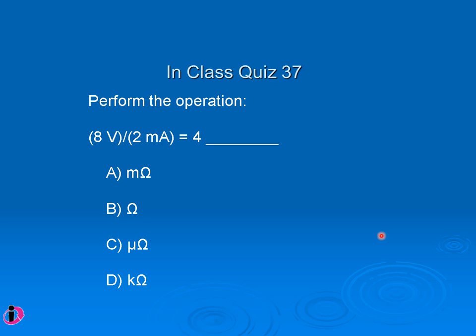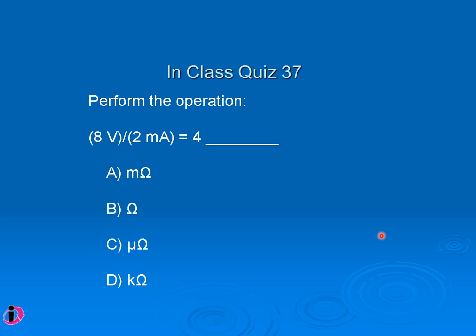But let's look at the number here. So this is 8, and this is 2 times 10 to the power milli, right? Milli is 10 to the power negative 3. To make it easier, I just write 10 to the power 0 here, because I can write 10 to the power 0 with anything, because that's 1. Now I divide these two. 8 by 2 is 4. And for the exponent, I do subtraction, right?